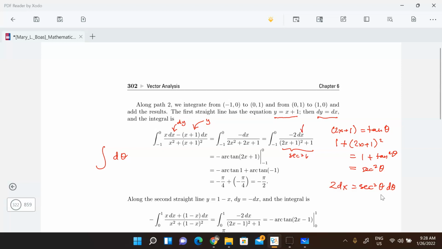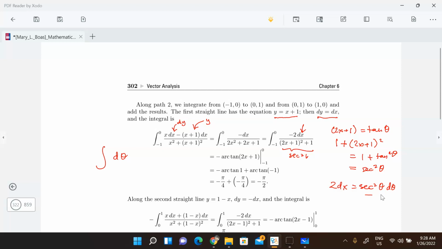Your dx over here is half secant squared theta. So the secant squared theta top and bottom will cancel out to give you d theta. I think there's a factor; let me just check. Oh, the factor of 2 and the factor of half from that dx cancel off, so that you only have d theta there.